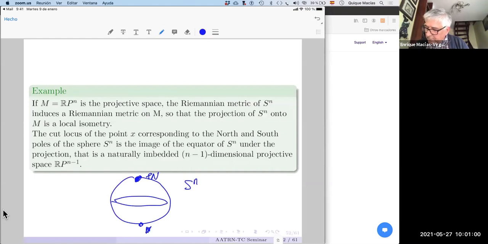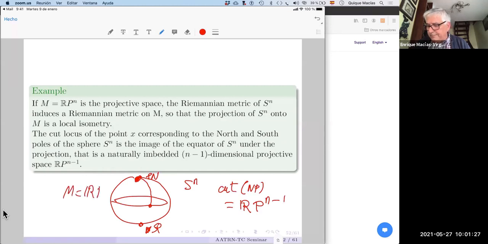Now you take the geodesic, but the geodesic is minimizing only until the equator. So the cut locus of the North Pole is the image of the equator, which is the projective space RP^(n-1), if your space is RP^n.